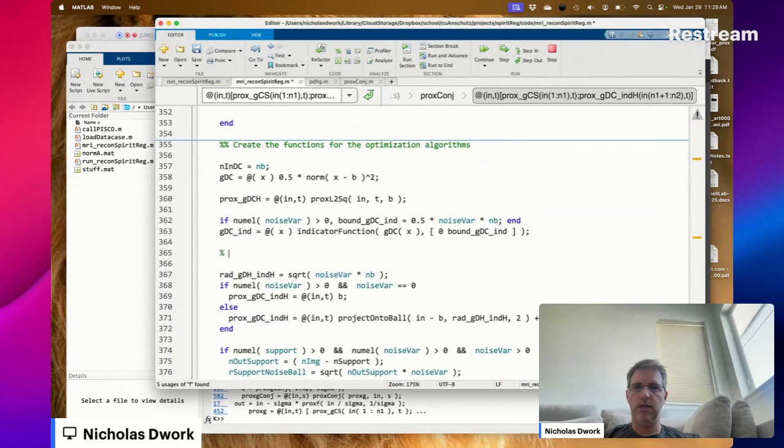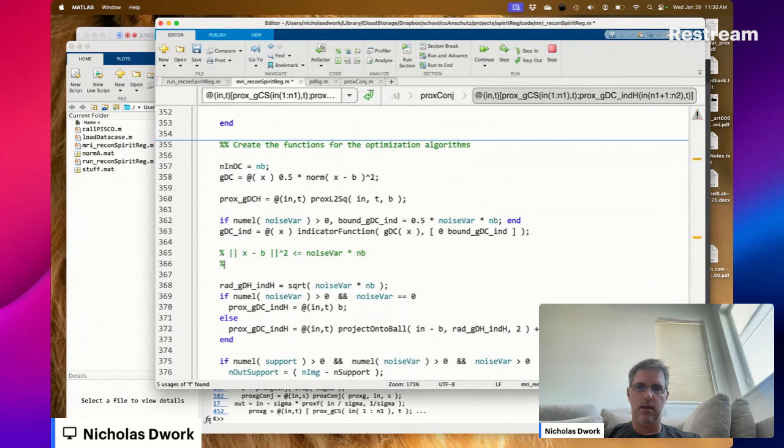We know that 0.5 times the norm of x minus b squared needs to be less than or equal to 0.5 times noise var times NB. So let's get rid of the 0.5s. And we know that x minus b is less than or equal to square root of noise var times NB.